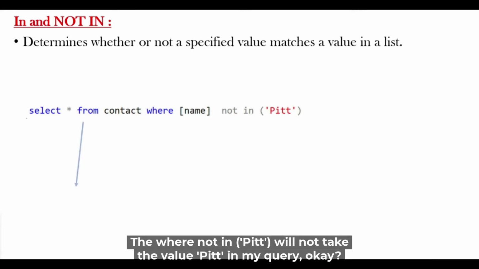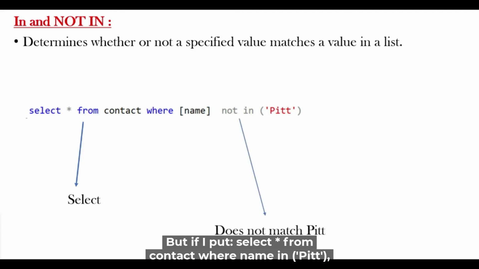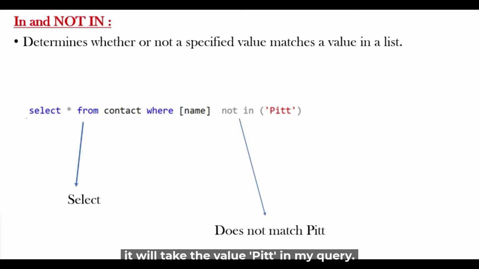The WHERE NOT IN 'Bit' will not take the value Bit in my query. But if I put select from my table contact where name in 'Bit', it will take the value Bit in my query. That's the difference between IN and NOT IN.